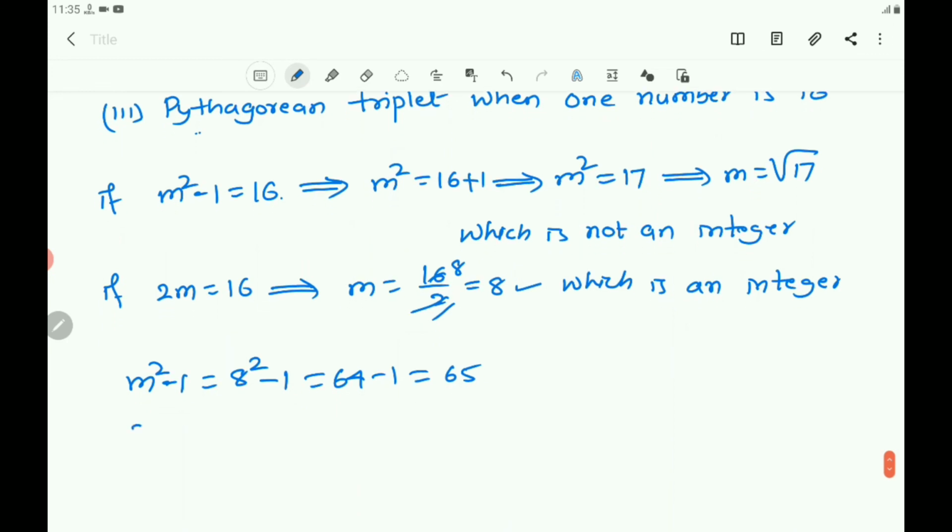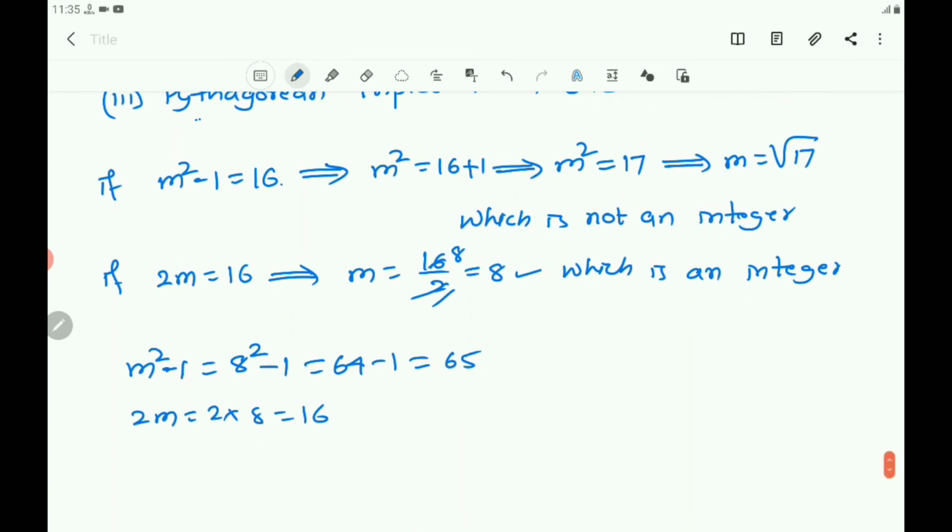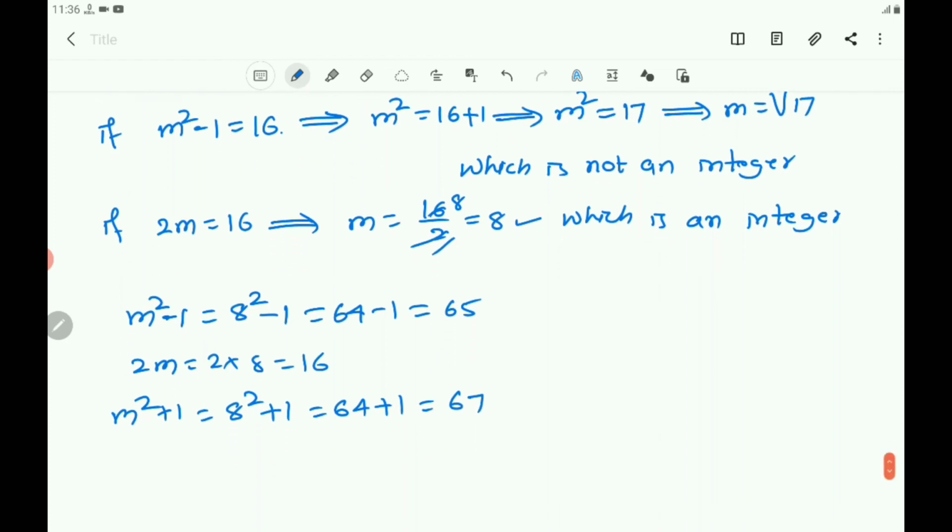Then 2m you know, that is 2 into 8, that is already given, 16. Next one is m square plus 1, that is 8 square plus 1. 8 square is 64, right? 64 plus 1 equals 65.